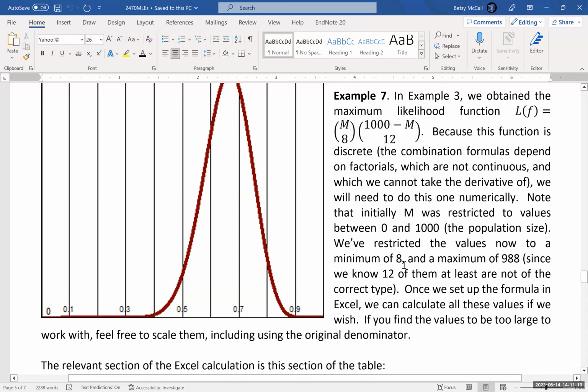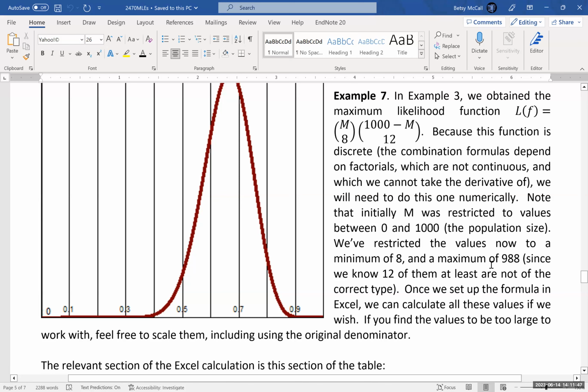So there's actually a finite range of values that we have to consider for the hypergeometric distribution. And so we can easily set up an example where we test all the possible values between a minimum of 8 and a maximum of 988, because 988 would make this 12 over 12.